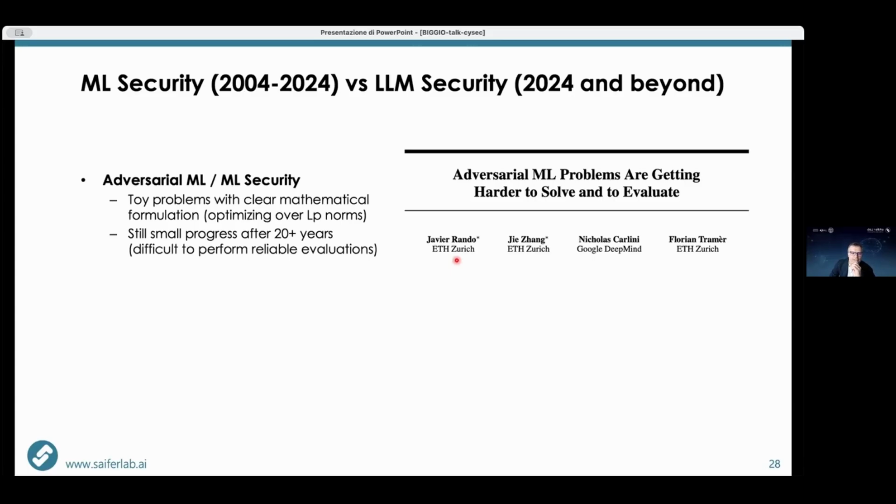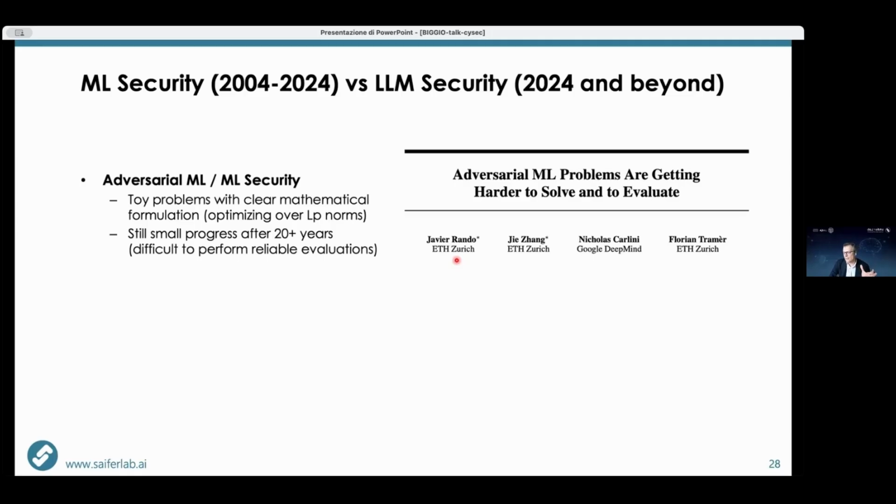They highlight that we were essentially attacking toy problems before, or these computer vision attacks, using a clear mathematical formalization, so optimizing over these Lp norm constraints. But even if the problem has a clear mathematical form, it turned out to be very complex to solve. So still, we don't have any effective defense for the computer vision case.